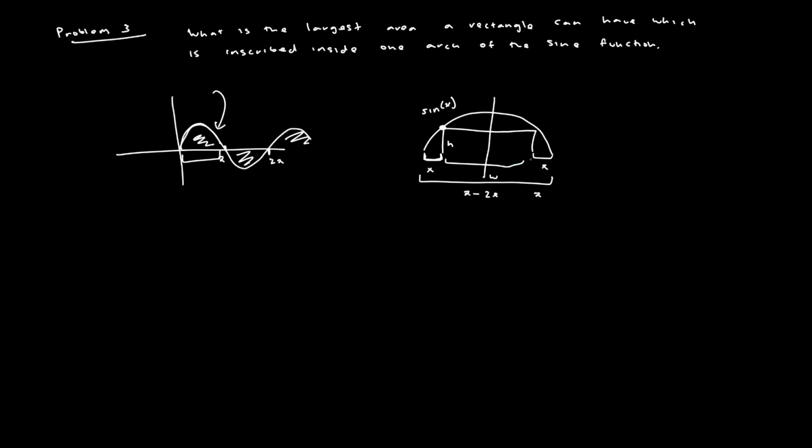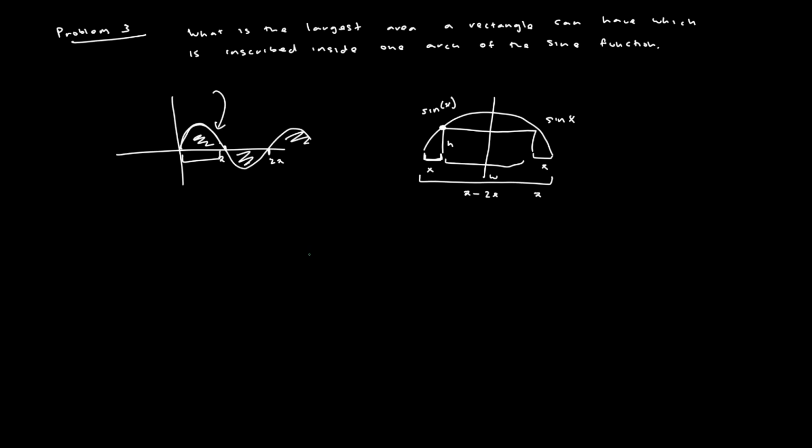We can say that because the arch is symmetric about its midpoint, so on the other side we're also leaving off x, and we have the same height, sine x.